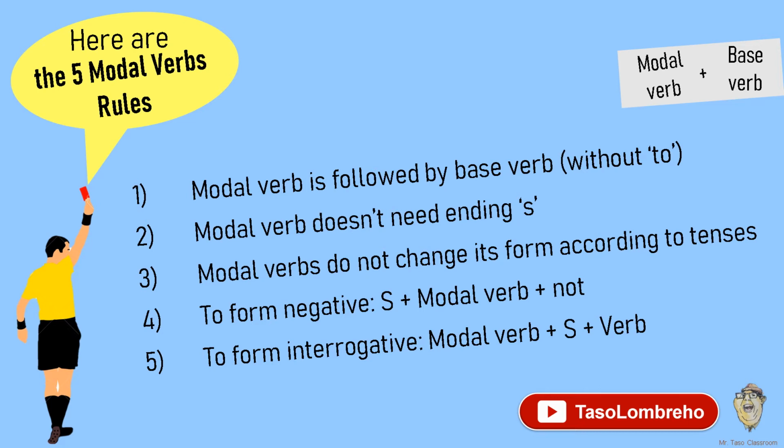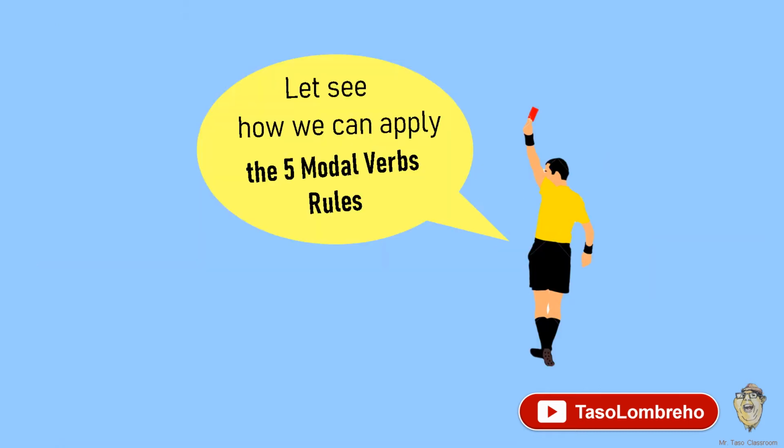Number 4, to form negative sentence, subject plus modal verb plus not. So follow this structure. Number 5, to form interrogative sentence, modal verb, subject plus verb. So that is the 5 rules.